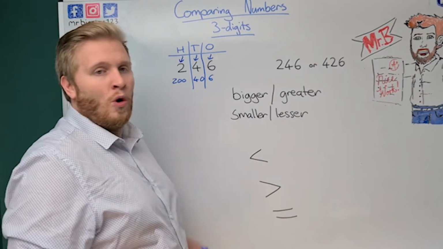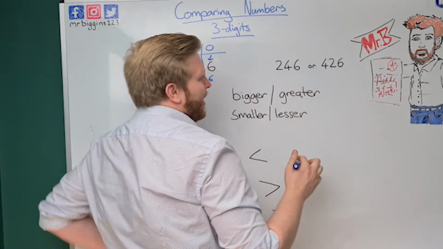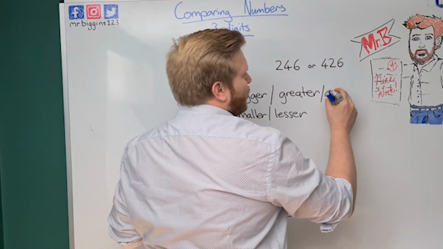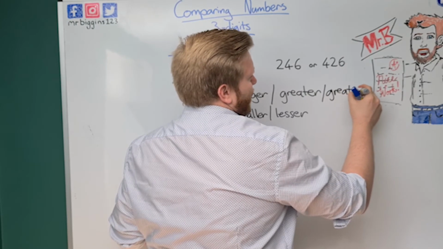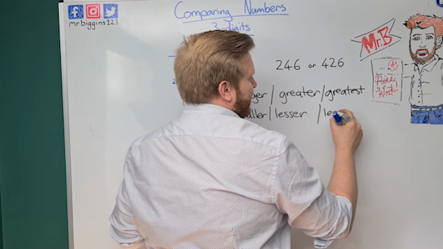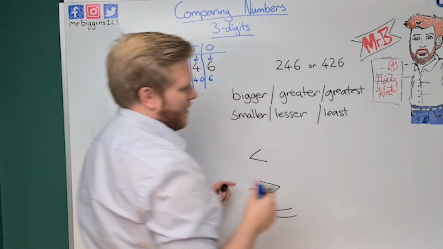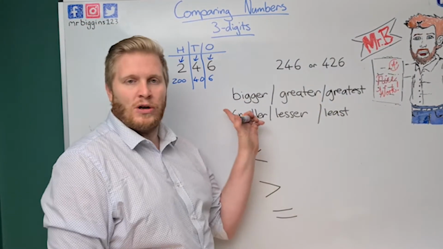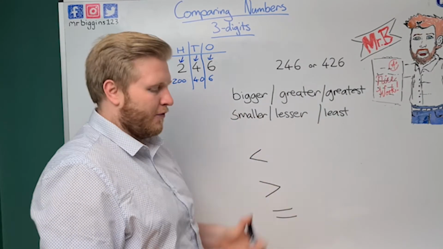Also we might have, instead of greater and lesser, greatest. So which is the greatest number and which is the least. Greatest again is looking for the bigger one and least is looking for the small one.